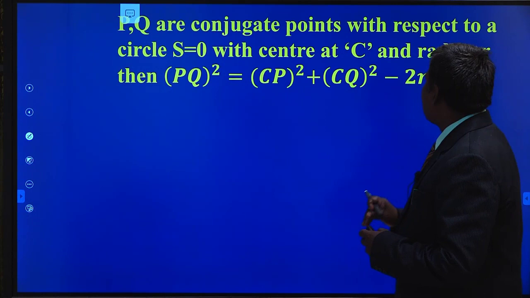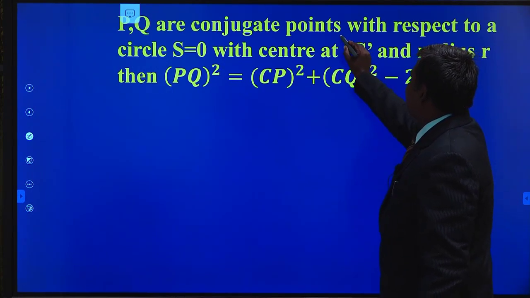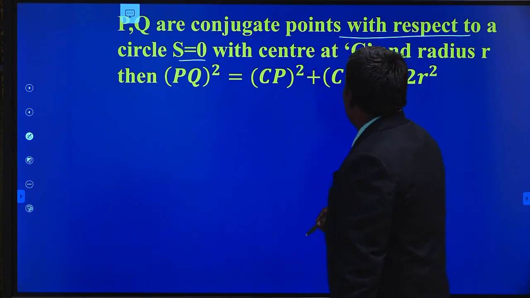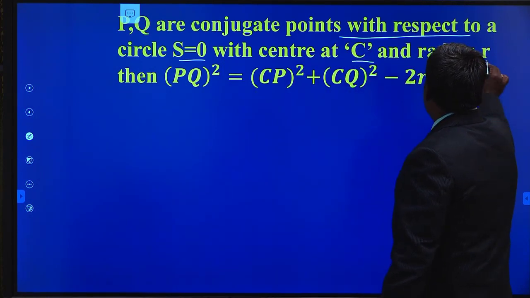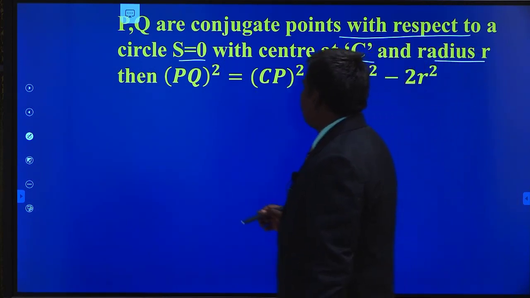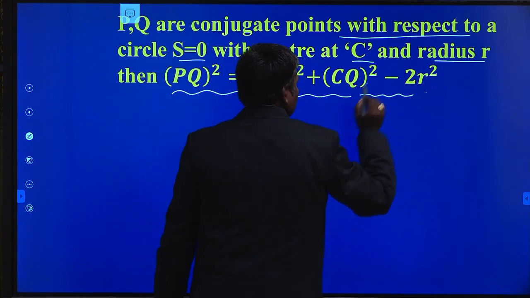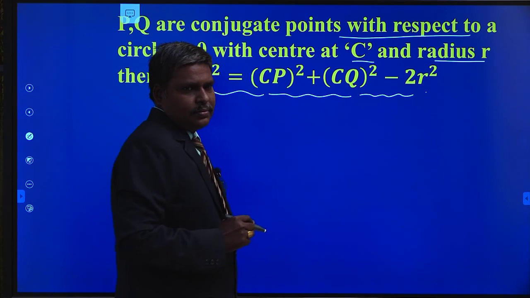P, Q are conjugate points with respect to circle S equals 0, with center at C and radius R. Then we have to prove that PQ square is equal to CP square plus CQ square minus 2R square.